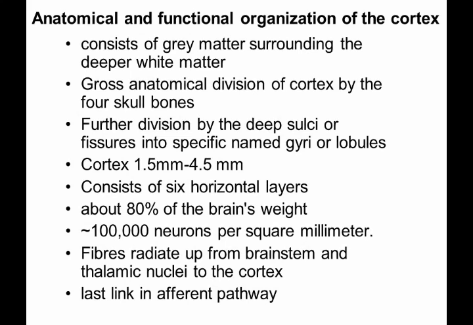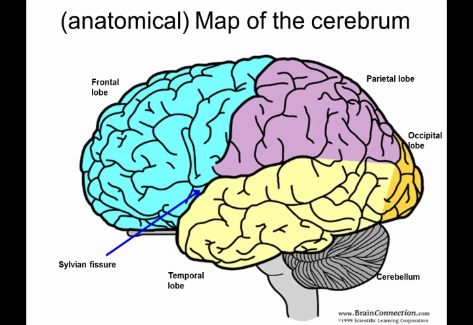Right, gross anatomical divisions of cortex by the 4 skull bones. That's what I didn't say here. If you look at the skull from the outside, it has, what do you call them? Cracks, breaks? No, where they meet. If you have a baby, then the skull is very small, and it grows outwards from the, what do you call them?